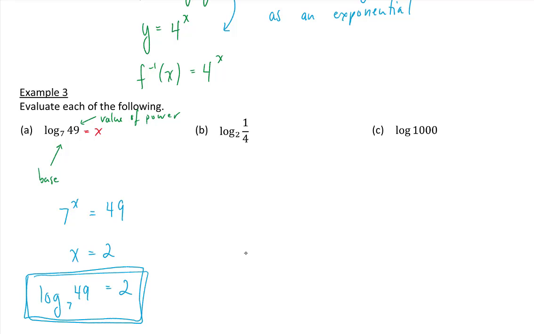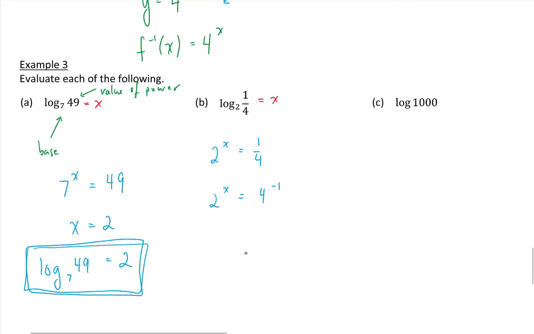So let's do the same thing with the next one. If I let this equal x, I get that 2 to the exponent x is equal to 1/4. Remember that 1/4 is the same thing as 4 to the exponent of -1. And we know that 2 squared is equal to 4. And using some of our exponent rules, we see that we get 2 to the exponent of x is equal to 2 to the -2.